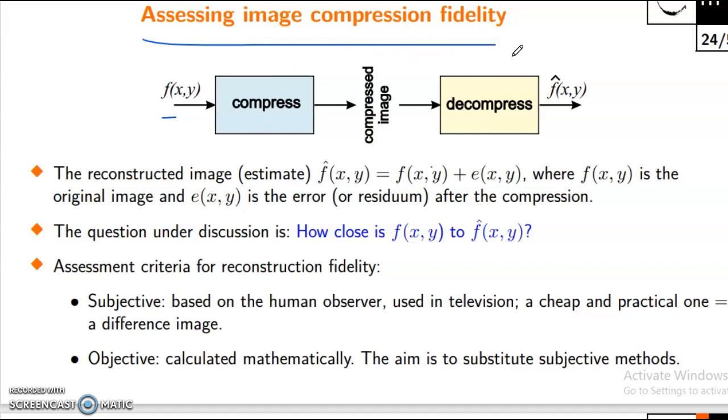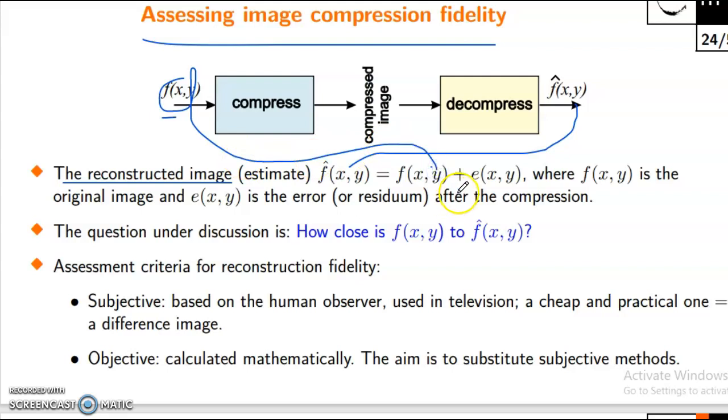Image compression fidelity. The reconstructed image estimate f'(x,y) equals f(x,y) plus e(x,y), where f(x,y) is the original image and e(x,y) is the error residuum after compression.